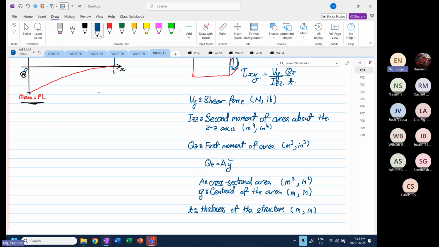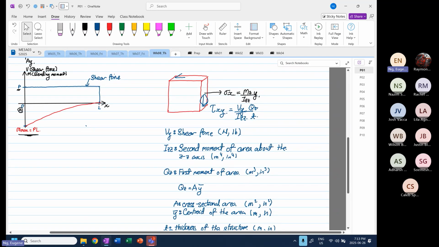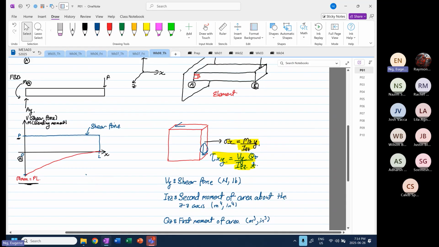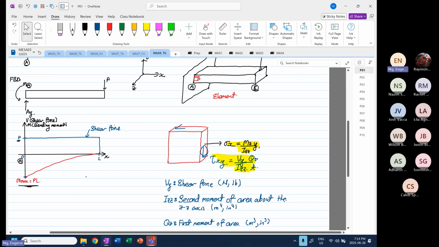Okay, so you can see what we are trying to determine now down here. We are trying to determine both the normal stress, okay, and also the shear stress acting on the element. And once again, okay, the failure surface is over here.